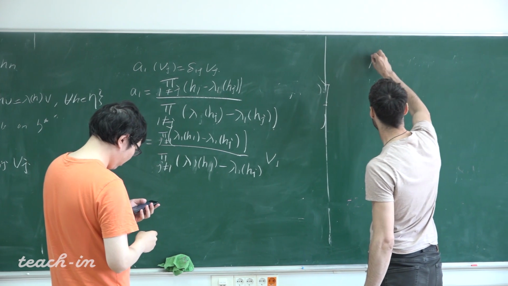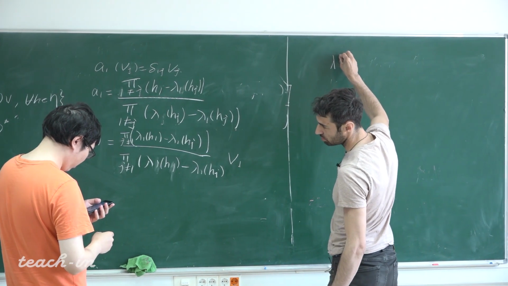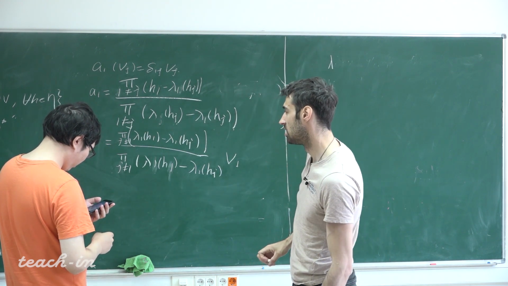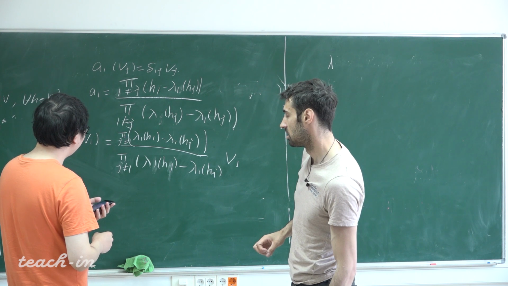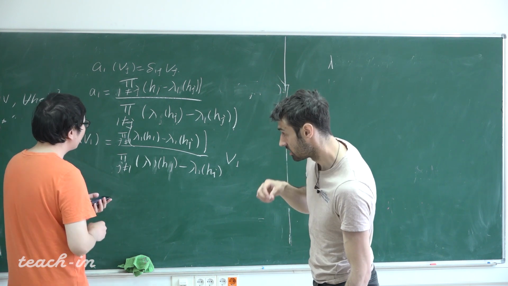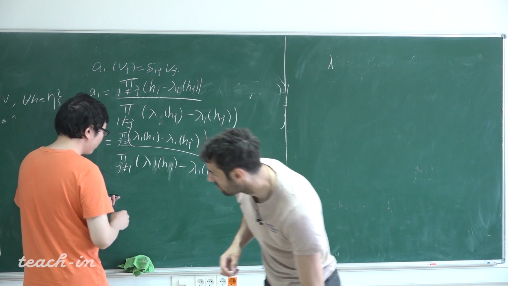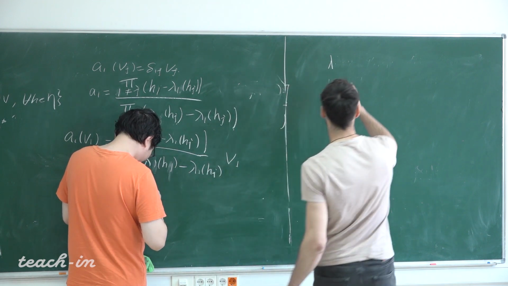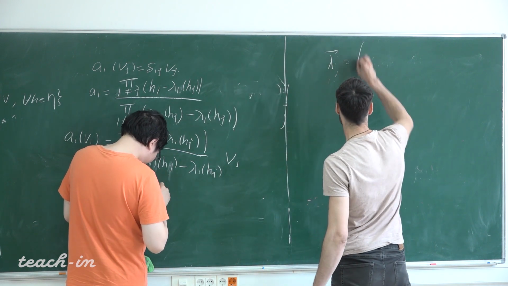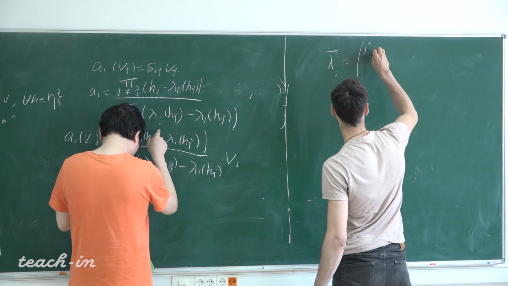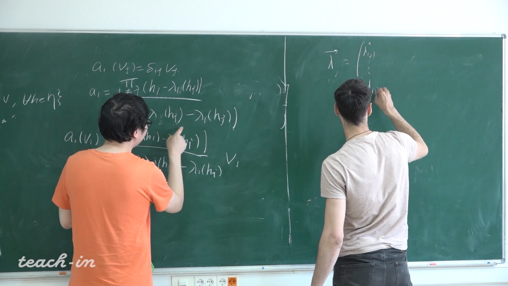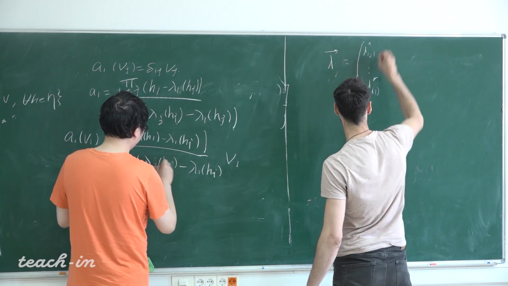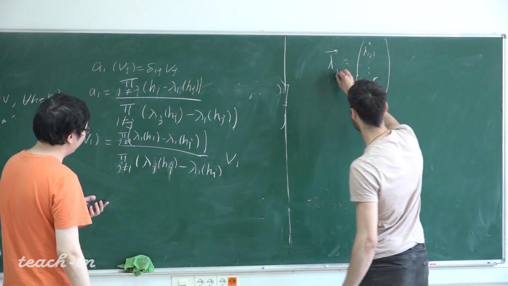Suppose you have a bunch of vectors lambda j. Where is my index j here? Lambda j, as a vector, is lambda j1, and so on, up to however many r we have. So lambda j is this.